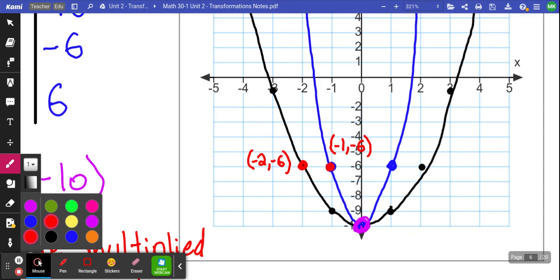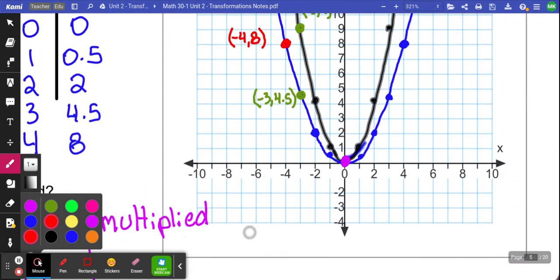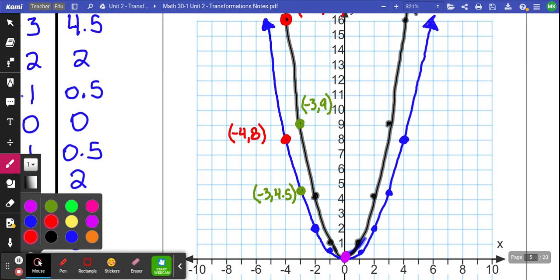My invariant point was right here on the y-axis. That's because I was stretching closer or further away from the y-axis. You can't stretch further away if you're already on the axis. You can't stretch closer if you're already on the axis. You're stuck there. So if you look at this graph, this one didn't move because I was stretching away from the x-axis.